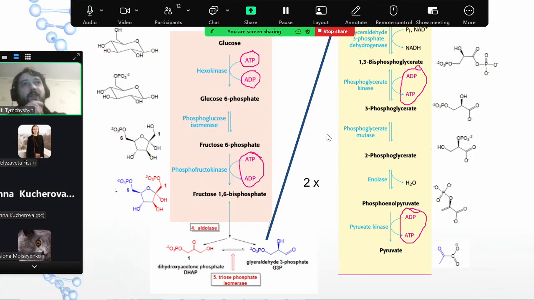Now, an interesting question for you. If you carefully examine this, you see that on the left I have two molecules of ATP spent, transformed into ADP, and on the right I have two molecules of ADP transformed into ATP. So how can it be that this path leads to some energy gain?